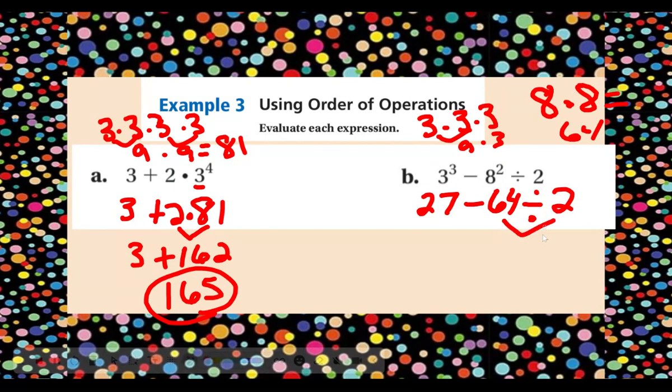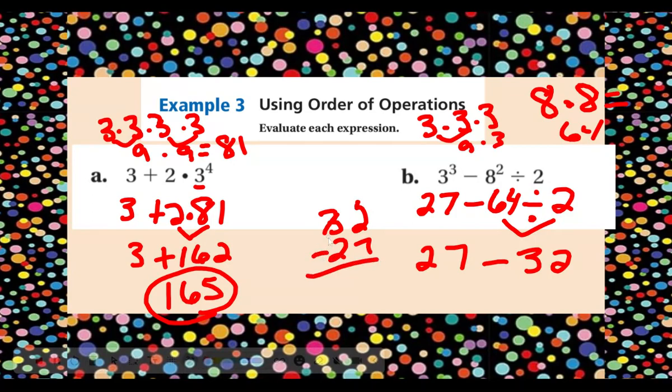Division. So 64 divided by 2, or half of 64, is 32. So now I have 27 minus 32. I know I'm going to subtract. And I know my answer is going to be negative because there's more negatives. So negative 5. 27 minus 32 is negative 5. Think about your integer rules from last year. Good work.